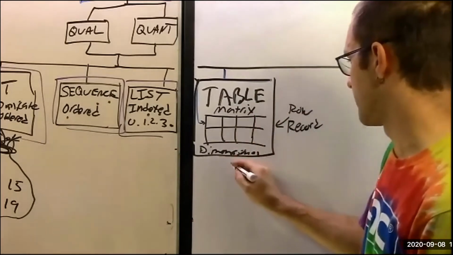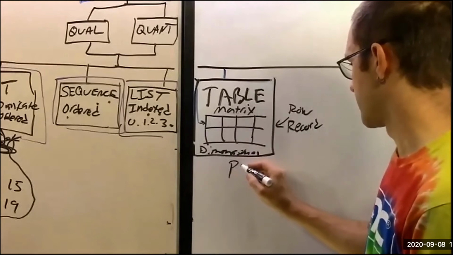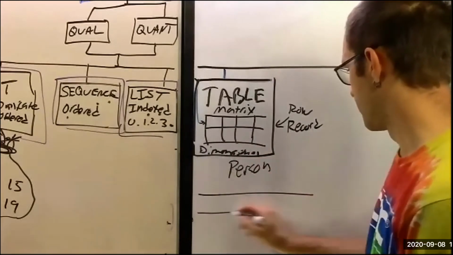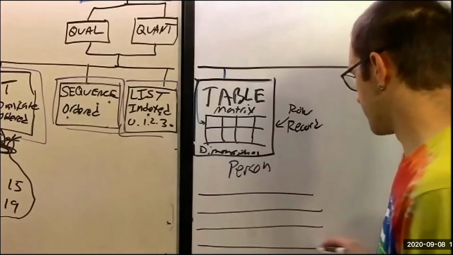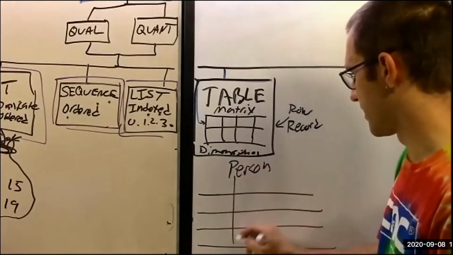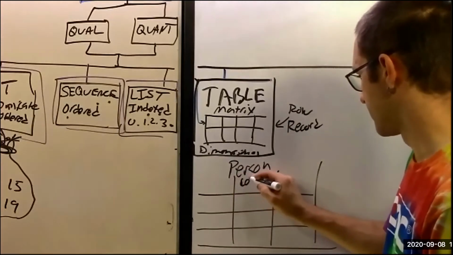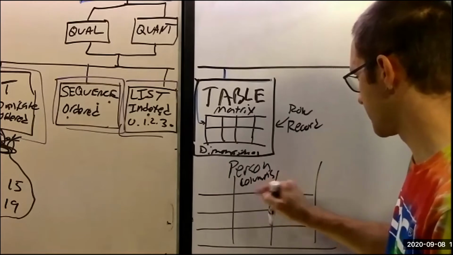So in my database for code enforcement, we have a table called person, in which each row represents an item, meaning a person, and then the columns, another name for a column would be a field.